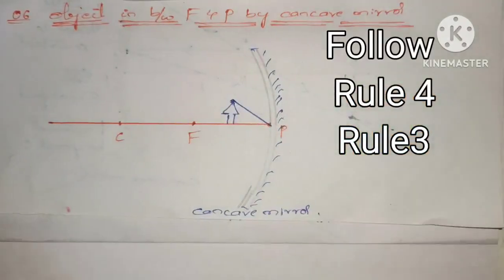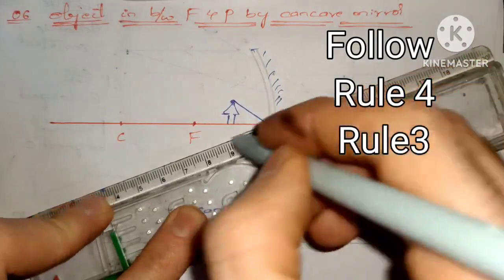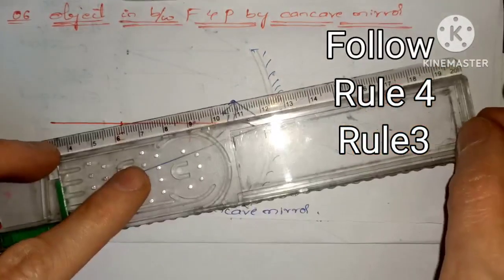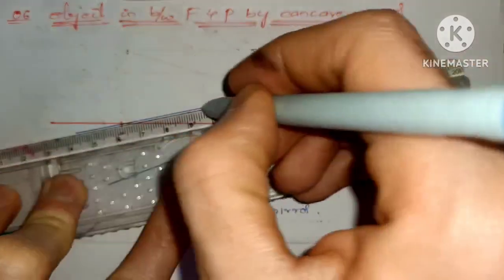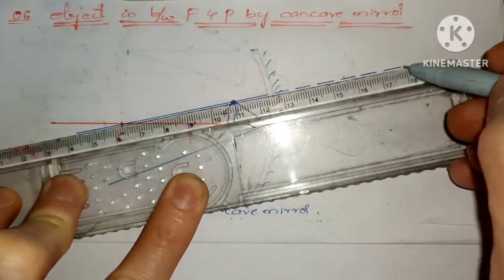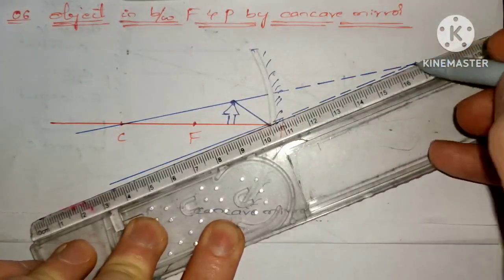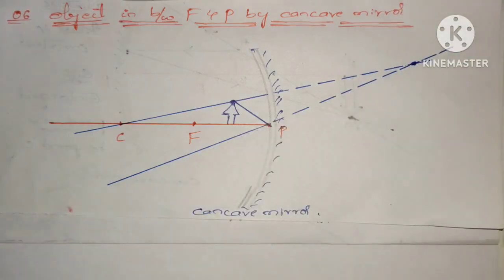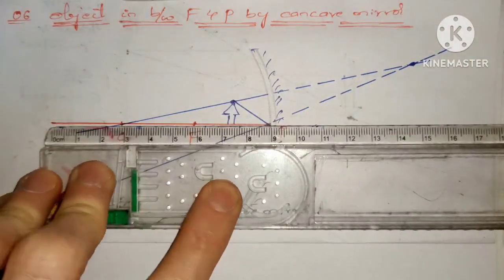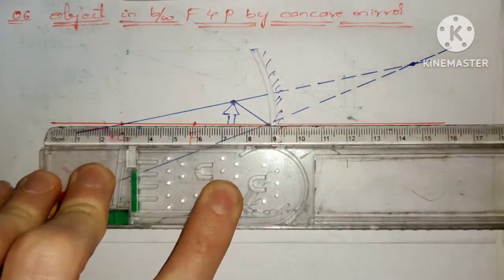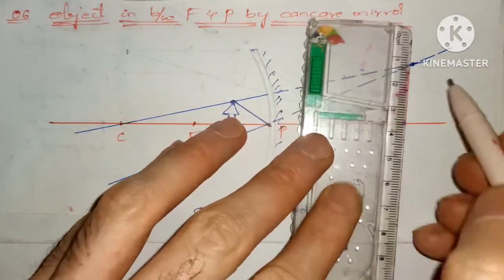Now let's move on to the last construction, in between F and P. Here the rule changes, the last rule, see, directly on P, the pole of the mirror, and reflect. Now you see the third rule on C. Now you extend towards the right side here, because it gives a virtual and erect image. See, somewhere on the right side, these 2 lines intersected.